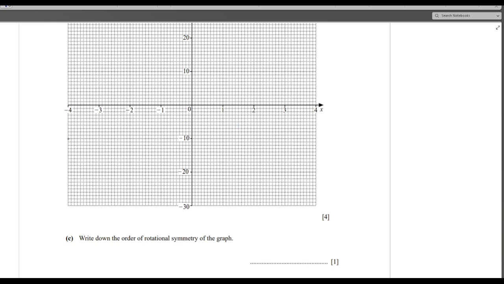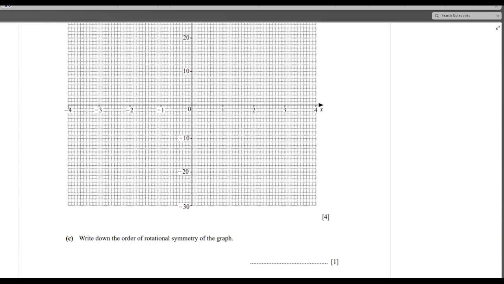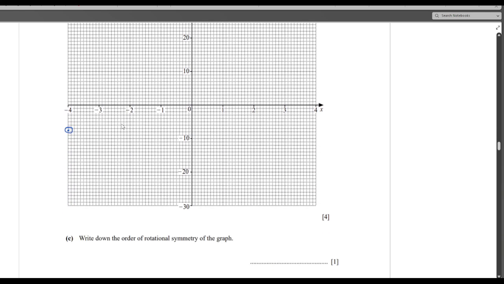This 10 division represents 10, so 7.5 is 1, 2, 3, 4, 5, 6, 7, 7.5. So I will take 1 point over here. This is 1 point. Then for -3 it is -10. So this is your second point.